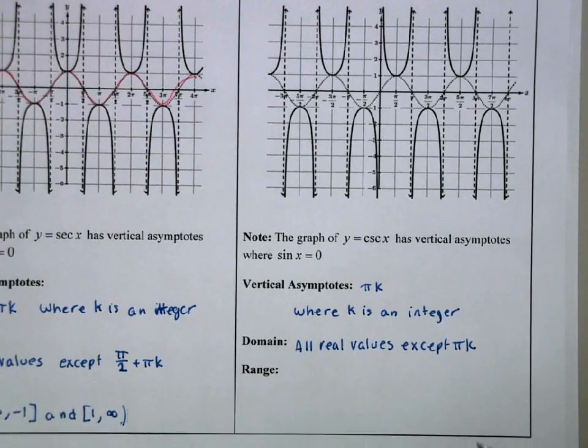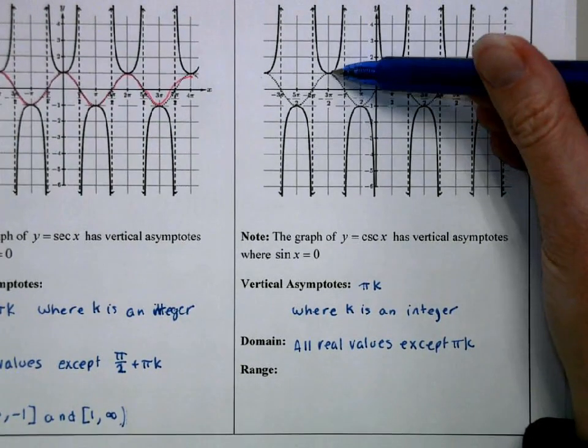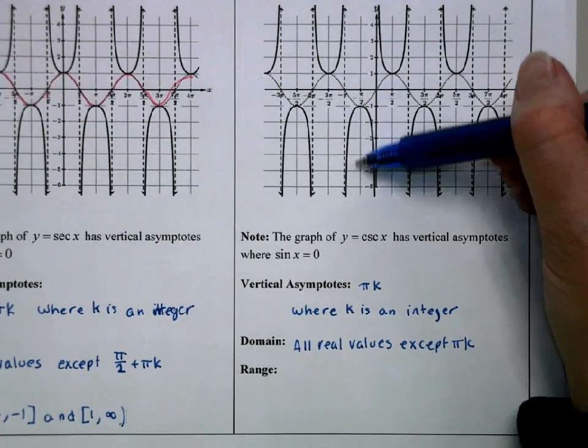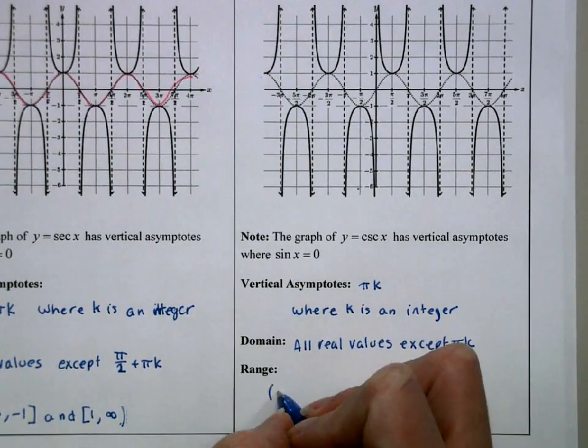And then it has that same range. There's nothing in between -1 and 1, but from 1 to infinity and from -1 down to -infinity, we have our graph.